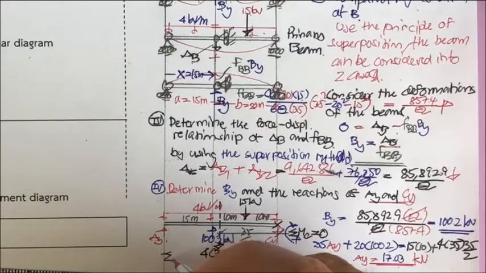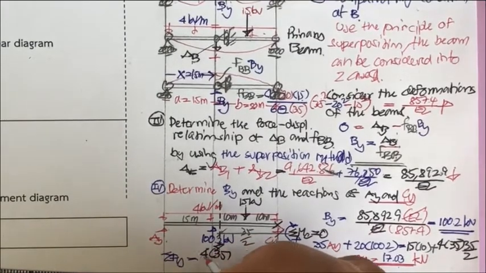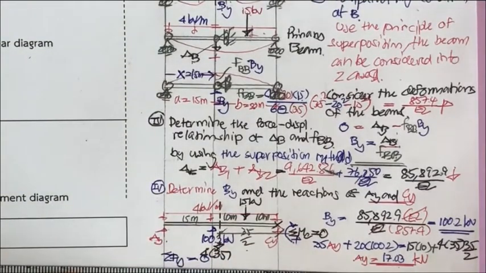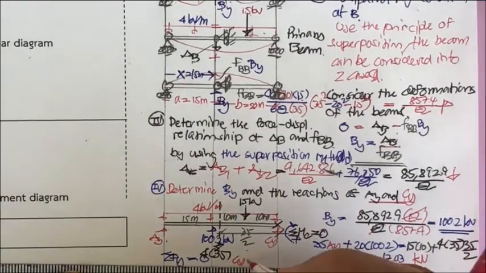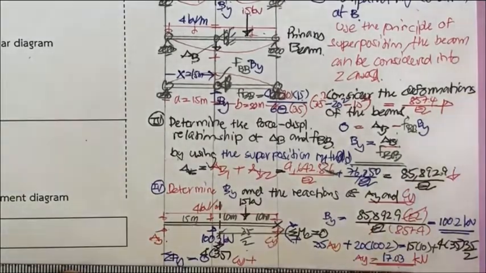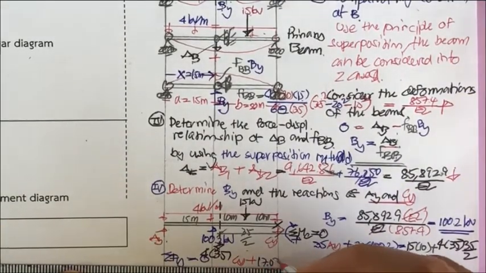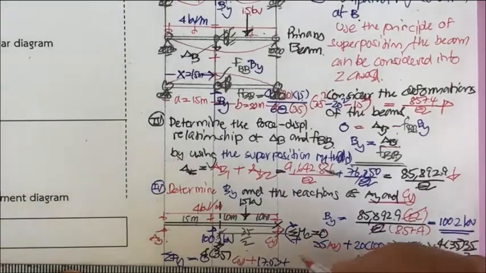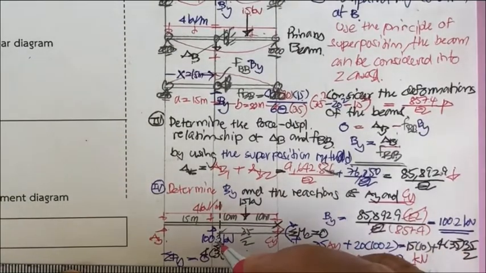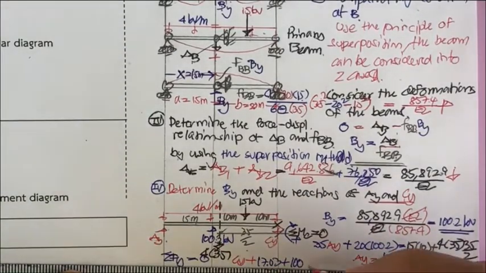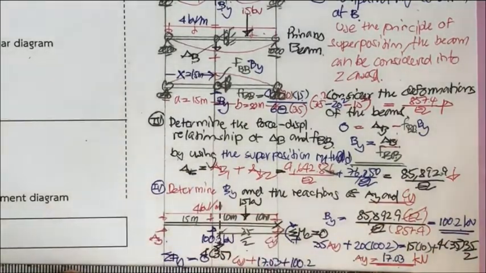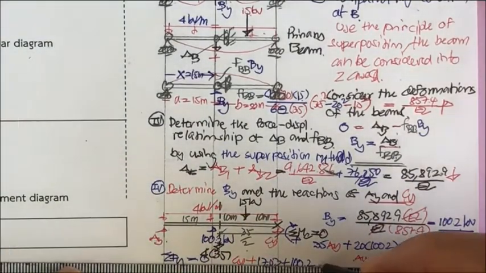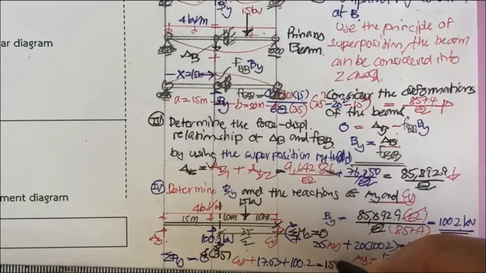So summation of F sub y equal to 0. Okay, you get the C sub y up plus 17.03 plus this one, 100.2, up and downward equal to 15.